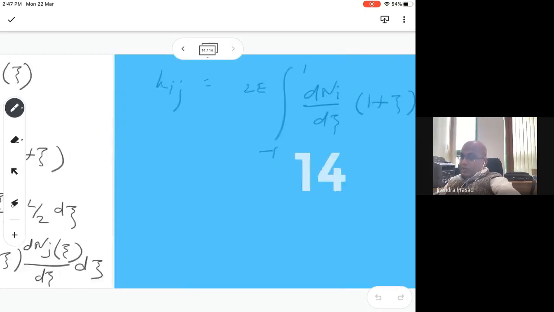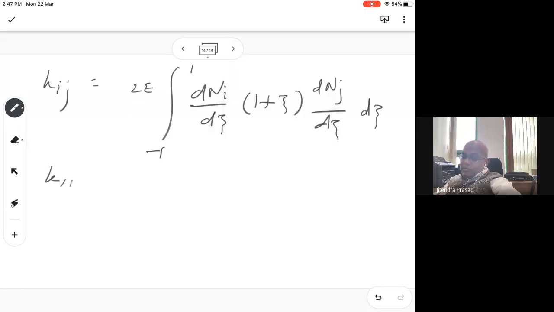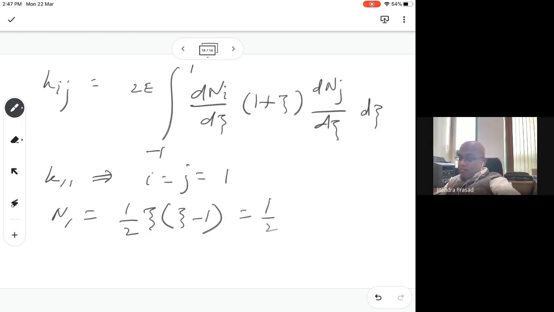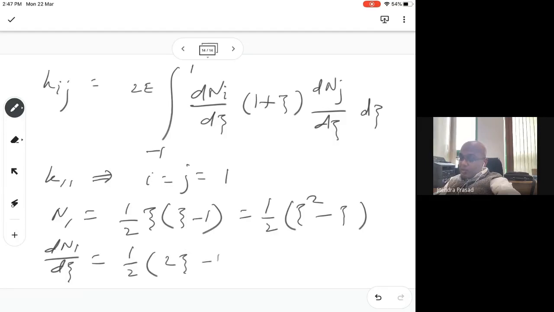So for example, if you have to find K11, then you know that i equals j equals 1, and you also know that N1 equals half ξ(ξ minus 1), which is half ξ squared minus ξ. Hence you get dN1/dξ equal to half (2ξ minus 1), and hence you get ξ minus half.